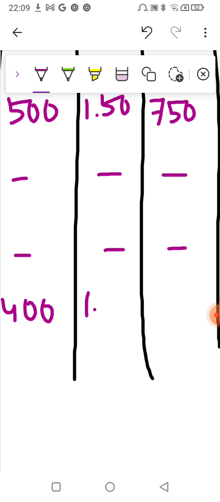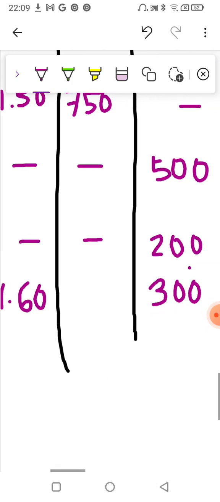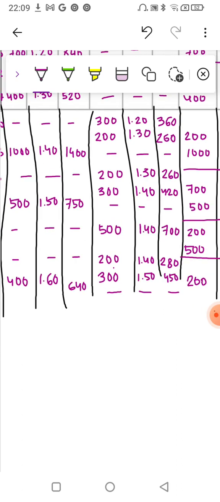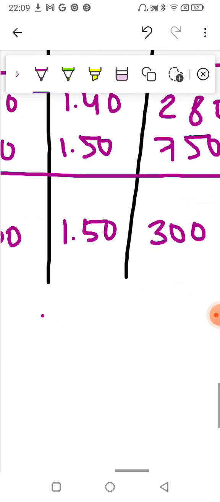The cost per unit was 1.60, so we multiply it: 1.60 with 400, we get 640. There was no issue on that date. So now what remains in my balance is 400 of the 1.60 category. We're going to write it over here.